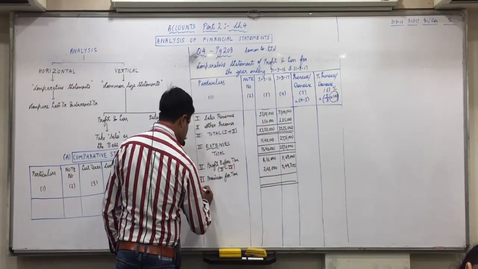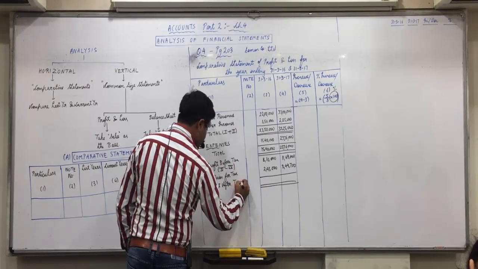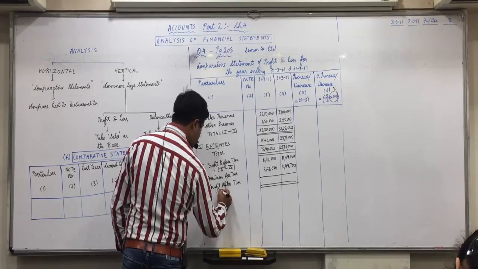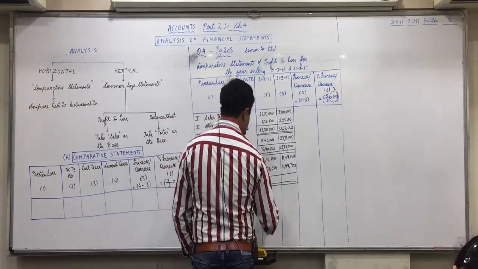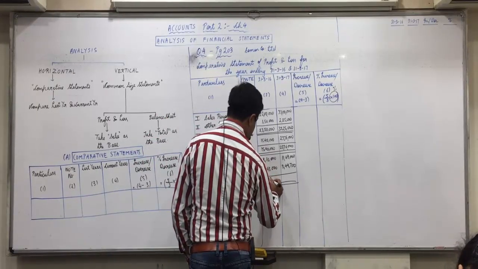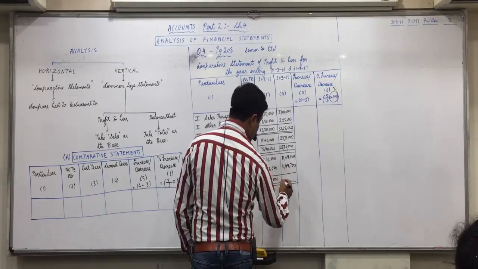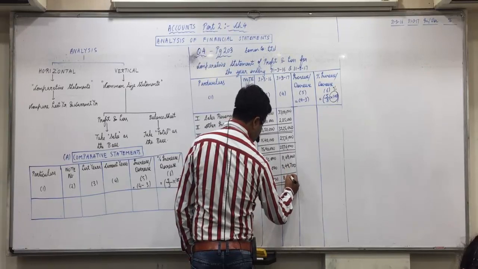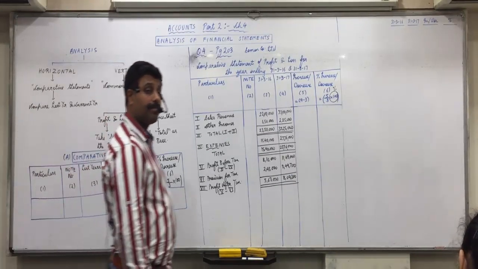And then seventh, profit after tax: 5 minus 6. 8 lakh 10,000 minus 2 lakh 43,000, 5 lakh 67,000. 11 lakh 49,000 minus 3,44,700, 8 lakh 4,300. So, understood this everyone? Now, increase or decrease? Mayank, tell me all the amounts.